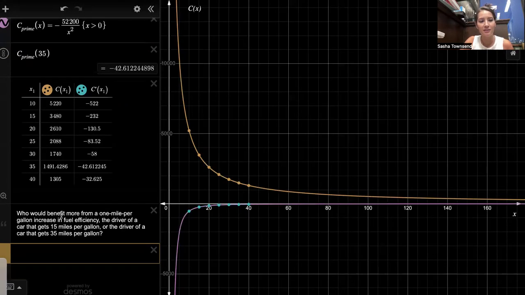And the last question says, who would benefit more from a 1 mile per gallon increase in fuel efficiency, the driver of a car that gets 15 miles per gallon or the driver of a car that gets 35 miles per gallon? And I think it's obvious that the person who benefits more is the one that's getting the worst fuel efficiency to begin with. The person that only gets 10 miles per gallon saves $500 a year, whereas the person that's going from 40 to 41 miles per gallon would only save $32 per year.